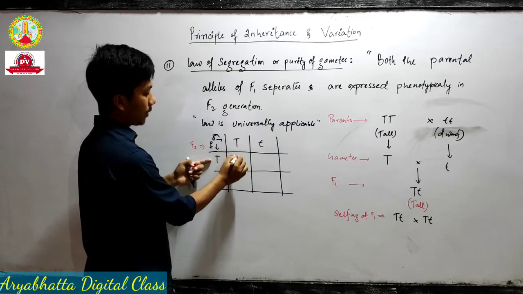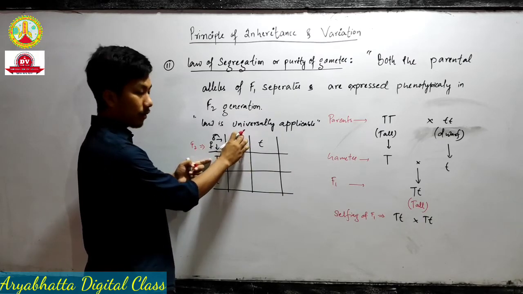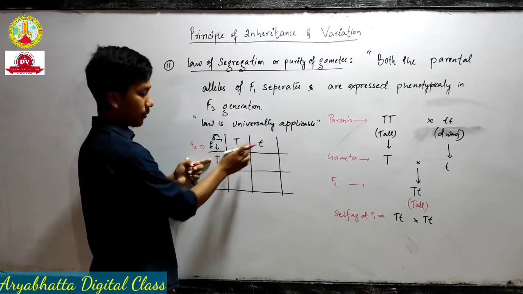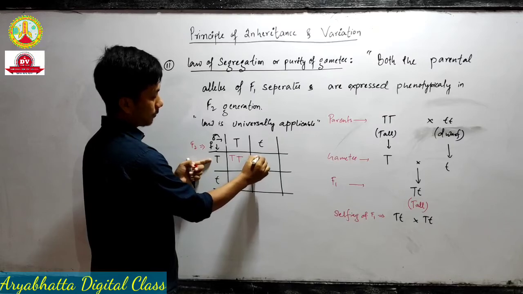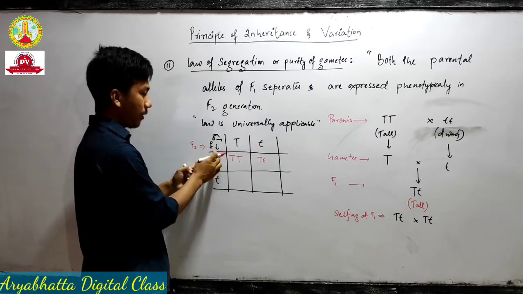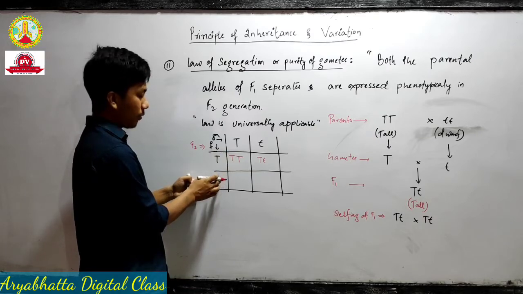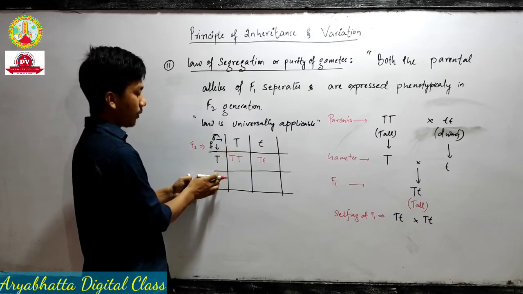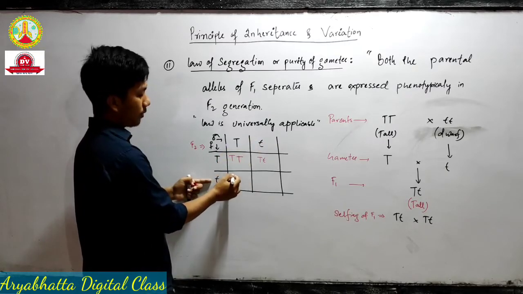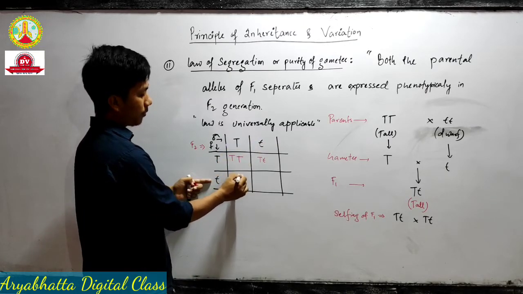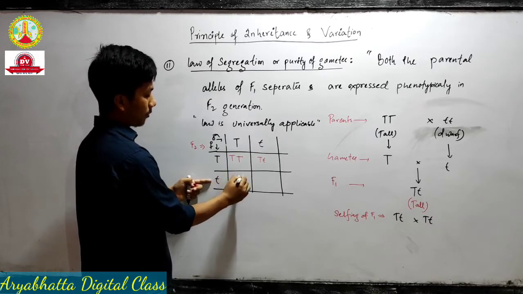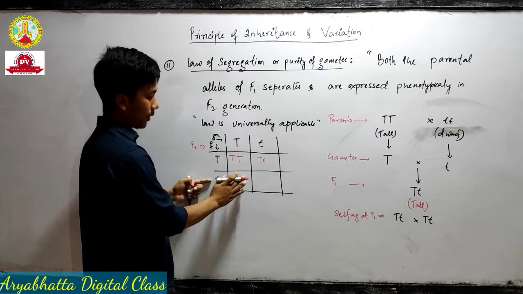Then we cross with this character: capital T, small t. So capital T is finished. Now come to the small t. Again we cross small t with capital T, giving capital T, small t, and small t. Small t we can write this way or that way, it's the same thing.